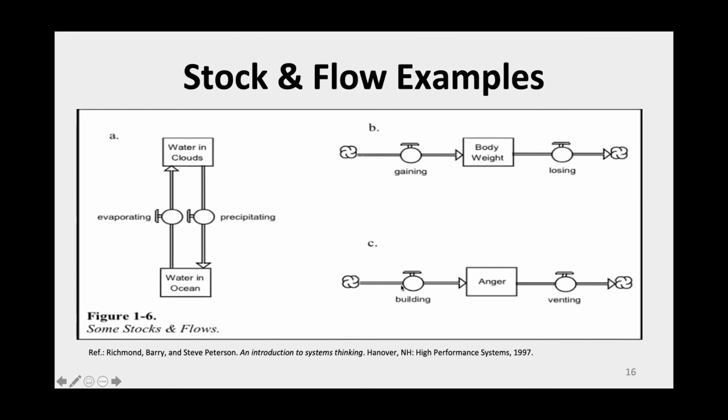And if somebody has what they call anger issues, this means they get triggered quickly. So the time to build anger is much shorter than the time to vent. So they remain angry for a longer period of time. Whether we can control this or not, this shows us that we can do something about anger. That shows the power of flows and stocks.